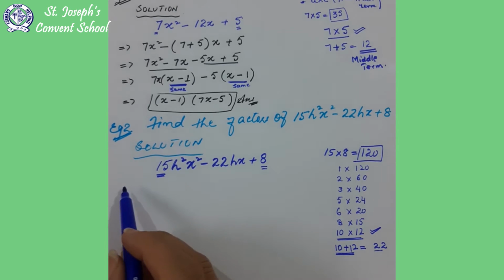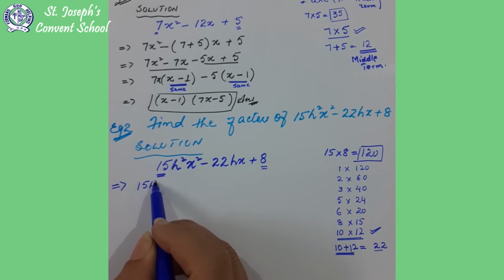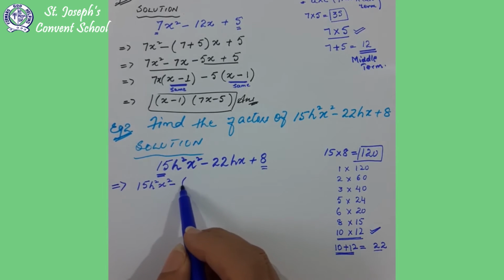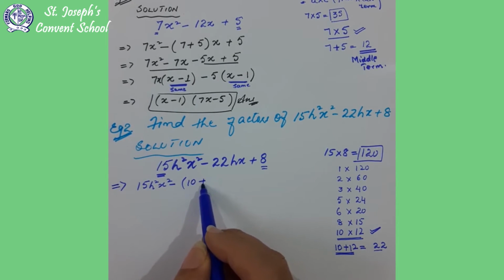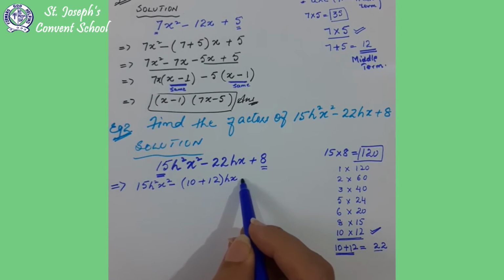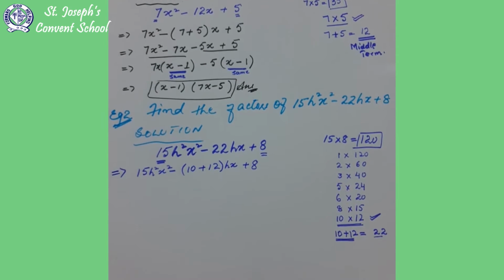So let me write it here. 15h square x square minus, two factors are 10 plus 12, variables as it is outside the bracket, plus 8. Okay.